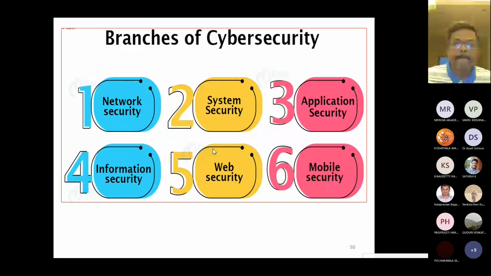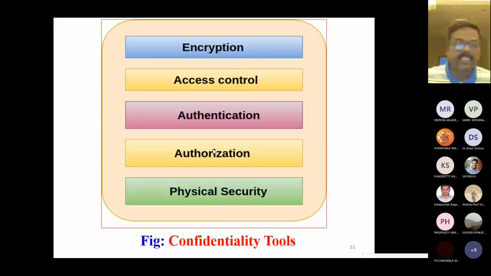Okay. Next, confidentiality tools like encryption and access control, authentication, authorization, physical security. So we are converting XYZ to 1, 2, 3. That is called encryption.